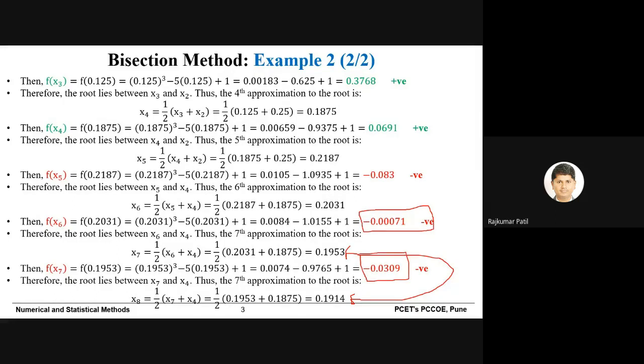At that time we will say that the root of the given equation is, let's say, x8, and we can stop there. So this is how we solve the problem related to the bisection method.